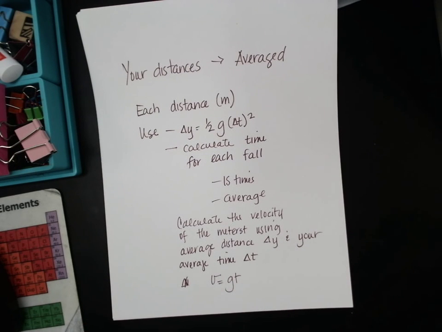So you should do that. So then you should have your average distance, you should have your average time, and you should have a velocity. And you can just put that information on the back of that sheet.